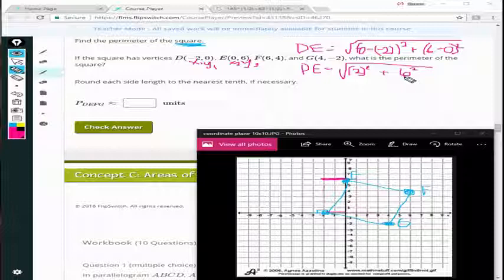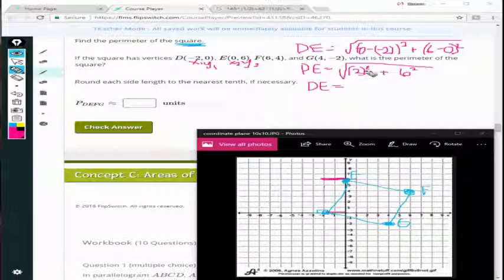So the reason why I like graphs is because it does take part of the algebra out of my work. And I like that because I can visually see, okay, my horizontal distance is 2. Horizontal distance squared plus the vertical distance squared, and then to me it is much simpler.